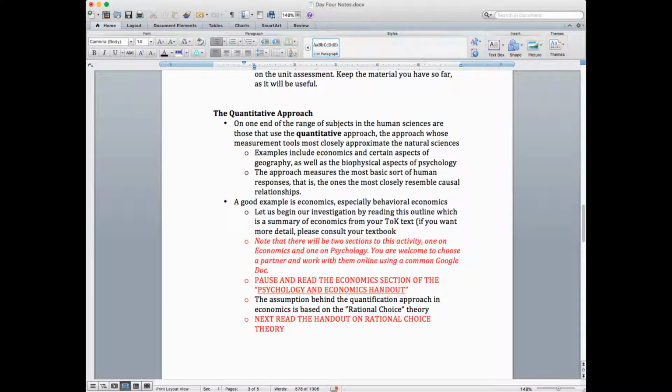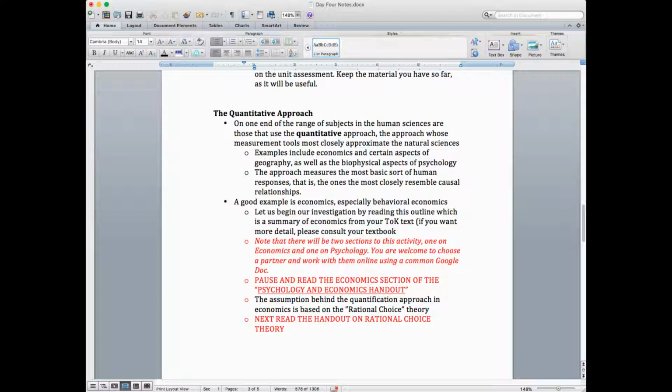Let's begin our investigation by reading this outline, which is a summary of economics from your TOK text. So note, we're going to look at 2 things today. We're going to look at economics and we're going to look at psychology. We're going to do the same process in both, but it might make your work easier if you found a partner.